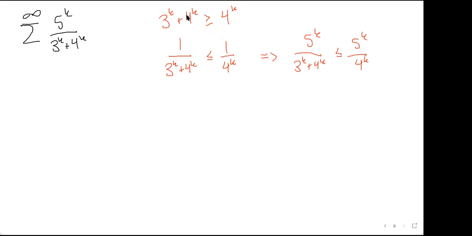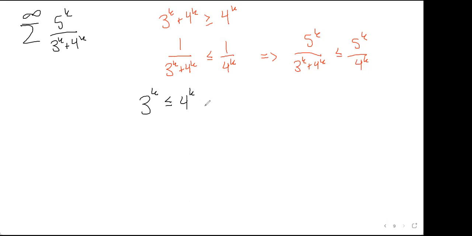But here's a move, a little variation of this, which does actually work. So here's in black something which is going to work. 3 to the k is less than 4 to the k because you have a smaller number, so it's not as big.